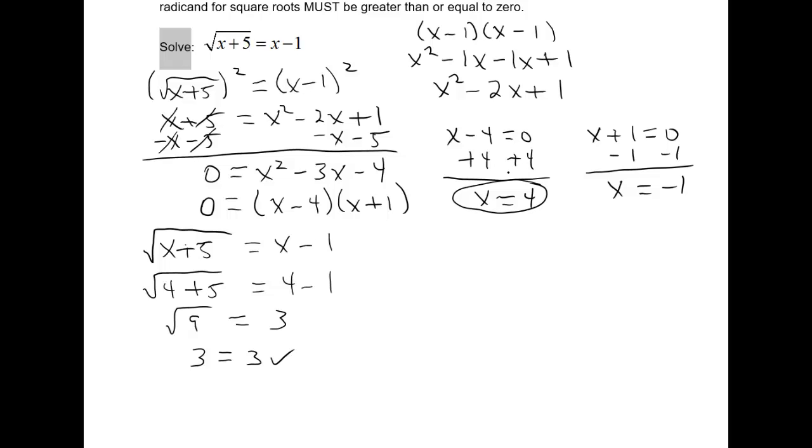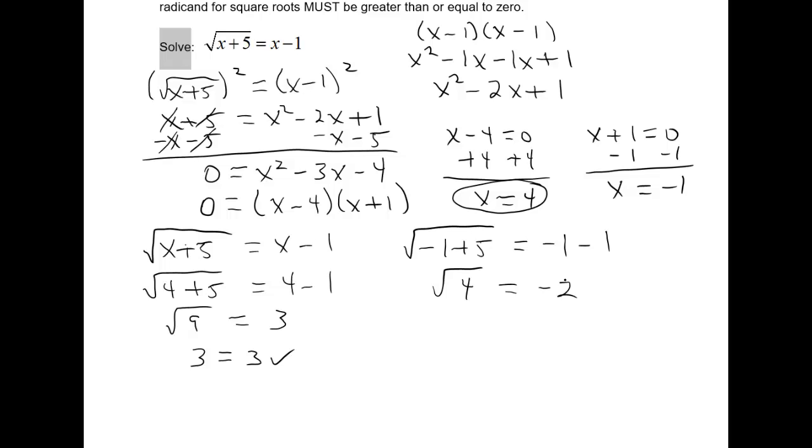Next, we need to substitute negative 1 in for x. So we have the square root of negative 1 plus 5 equals negative 1 minus 1. So the square root of negative 1 plus 5 is the square root of 4 equals negative 1 minus 1, which is negative 2.